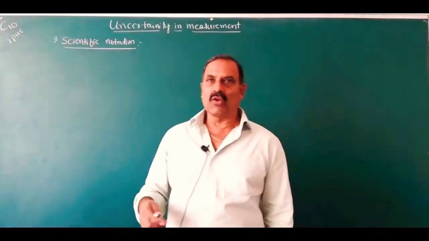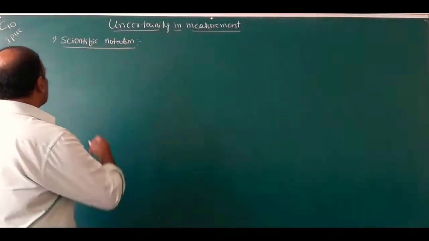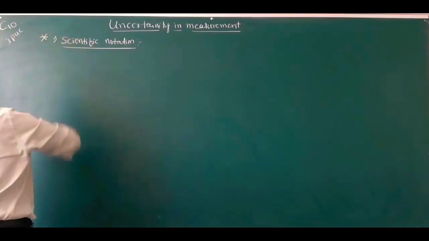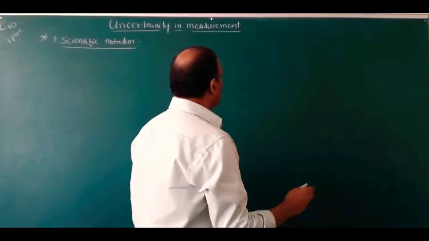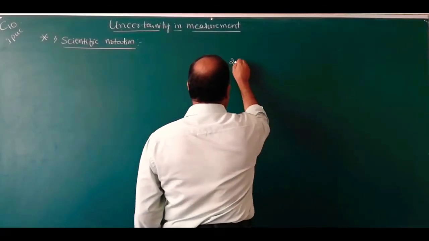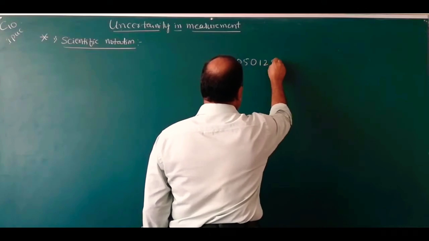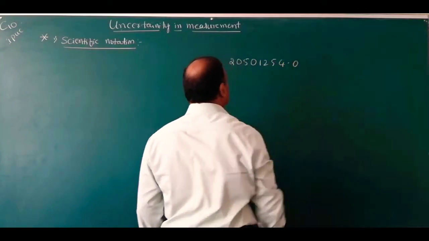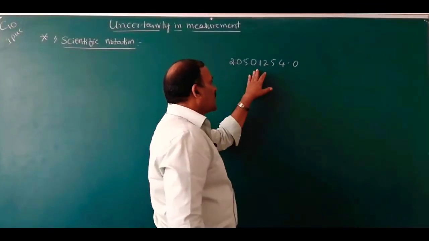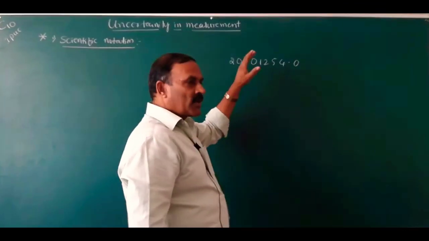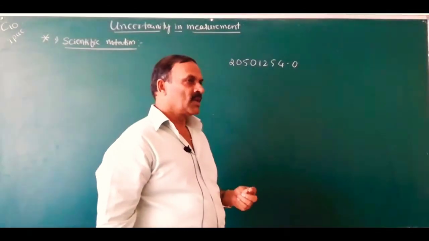So first we will know what is scientific notation. Scientific notation, all these are very important. Say for example, I have a very big number like this, 205012540. To write or remember this very big number becomes a difficult problem.